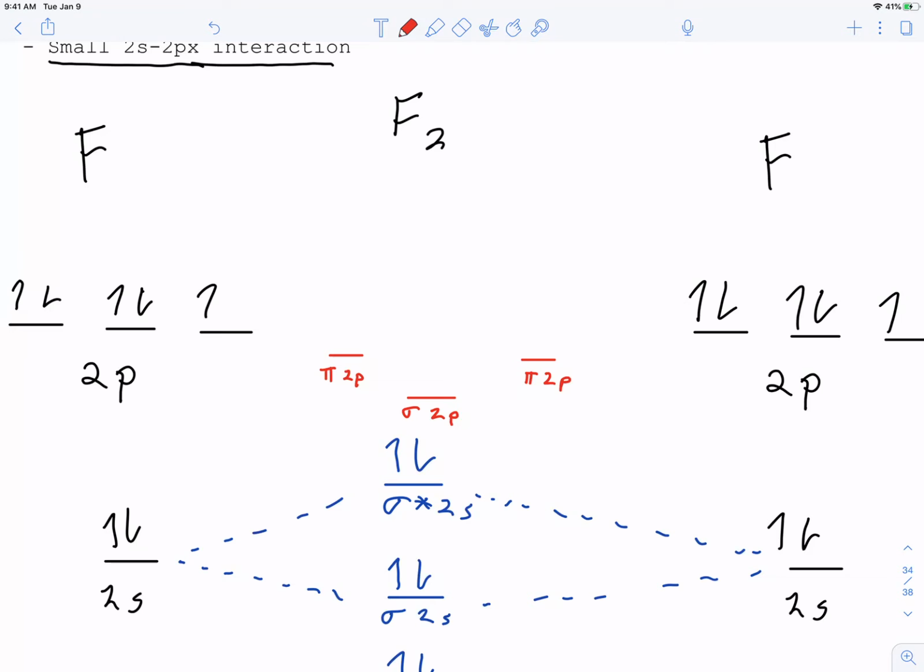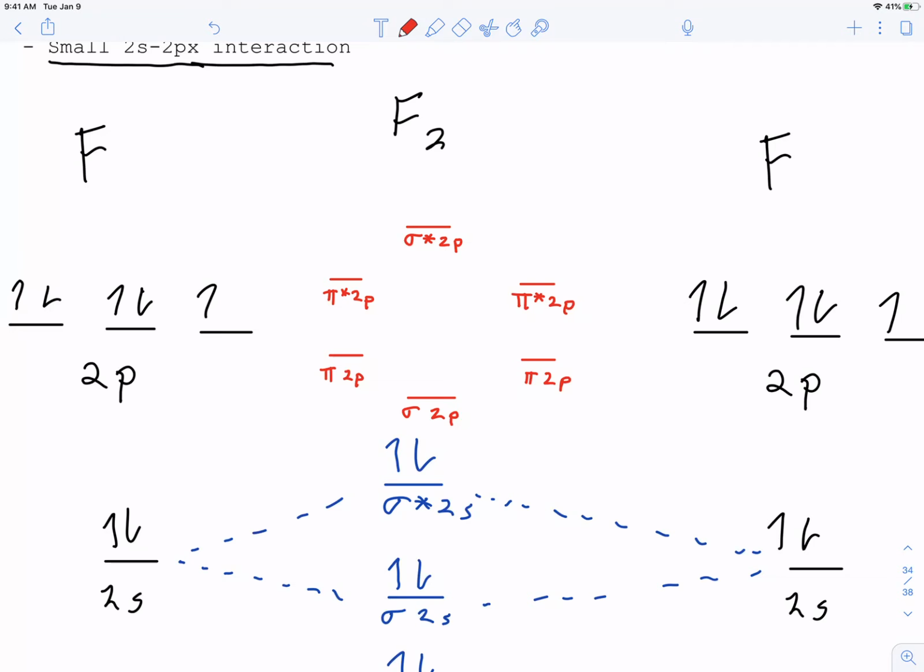For anti-bonding orbitals, we're going to start off with pi, so it's going to be the mirror image for fluorine. So this is going to be pi star 2p, and this is going to be pi star 2p. And then at the very top is going to be sigma star 2p. Okay?